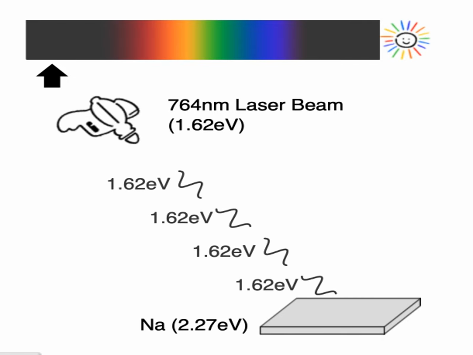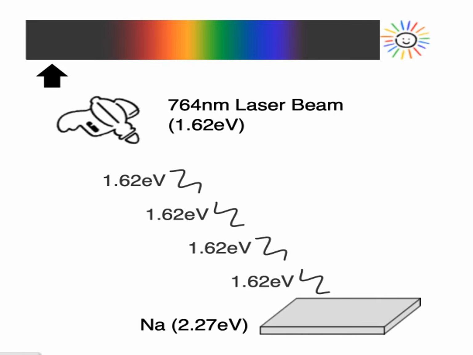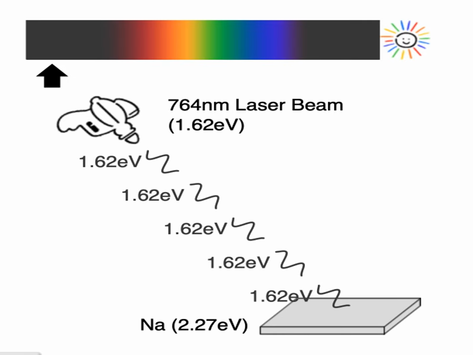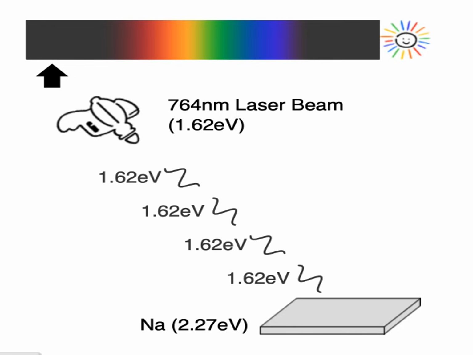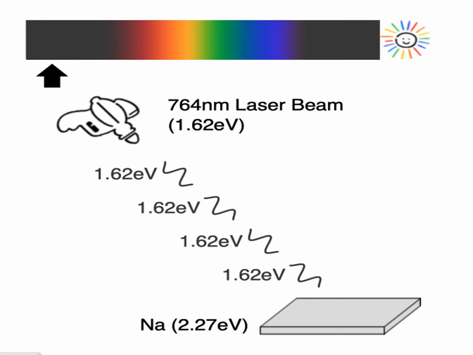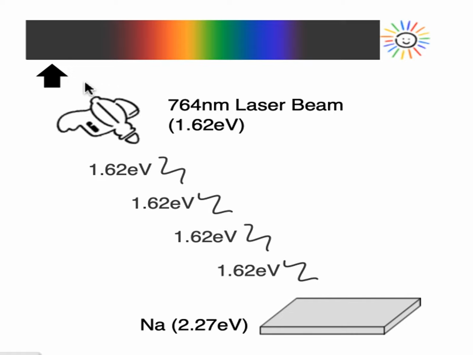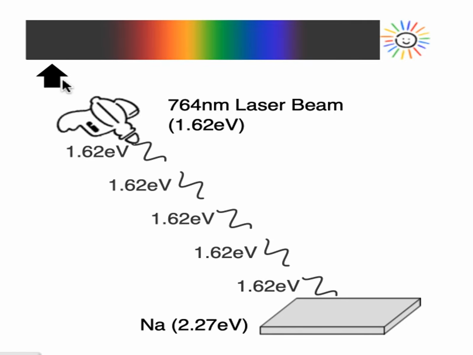This simulation is going to show us how Einstein was able to propose the idea that light can behave both as a wave and as a particle. Here what you're seeing is that you're shining a laser onto a sheet of sodium, and at first nothing is happening. And you can increase the frequency of that laser.